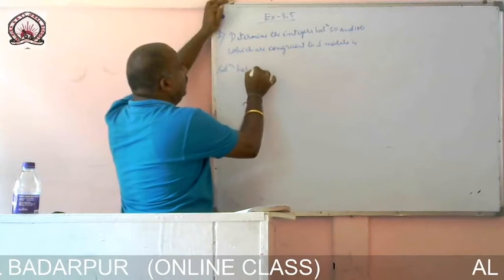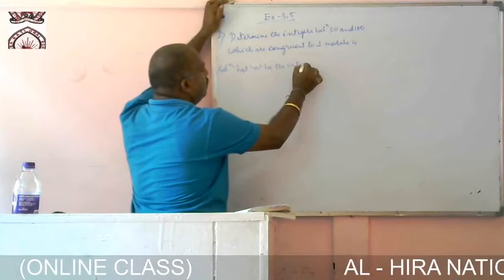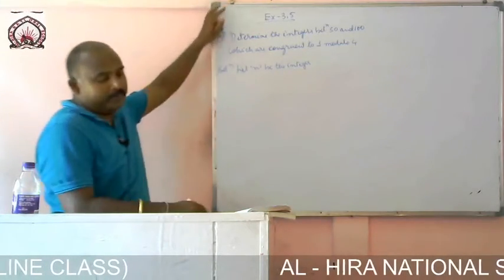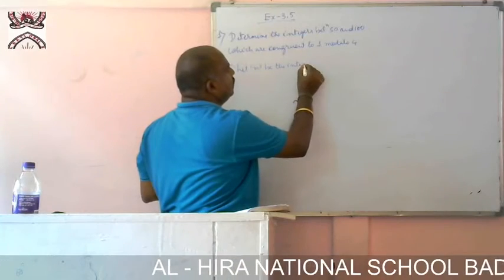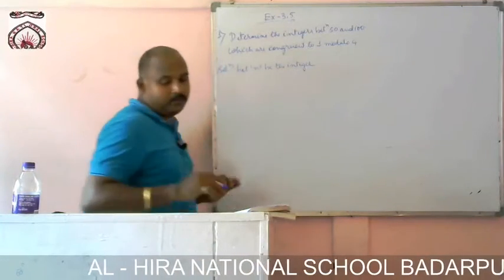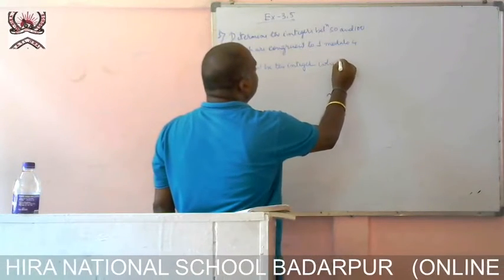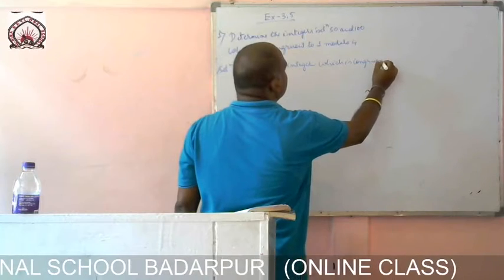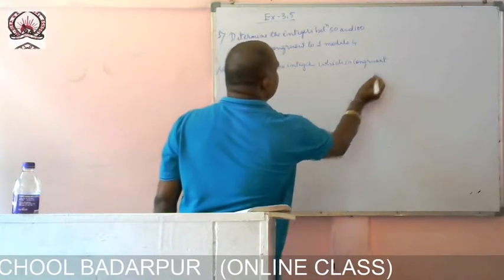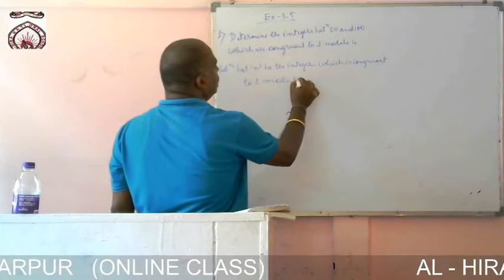Let n be the integer which is congruent to 1 modulo 4.